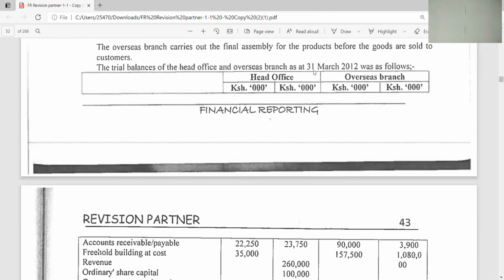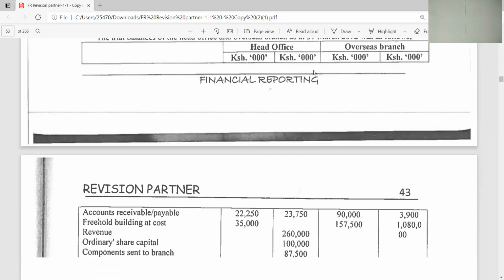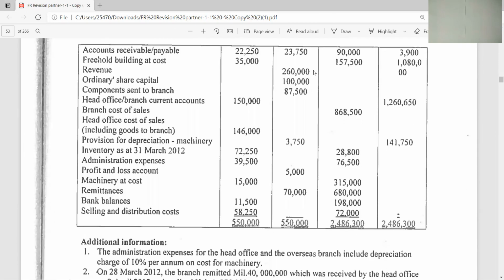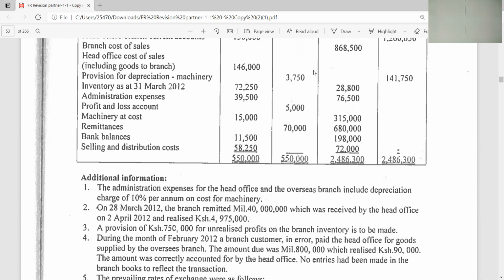So this money being remitted by the branch to the head office was received on 2nd April, which is after the financial year.